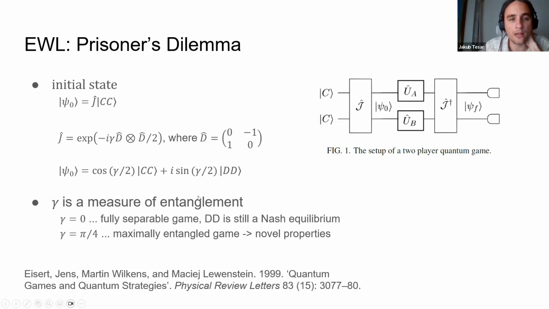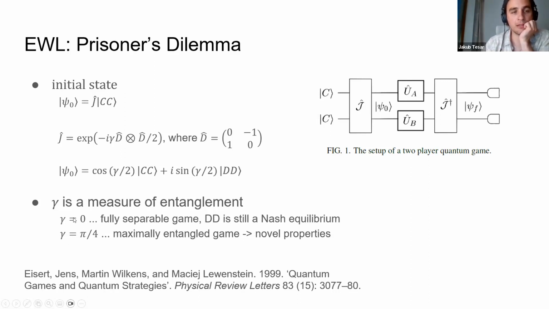So then no entanglement of those two. But if gamma is pi divided by 4, it means that we have a maximally entangled game. So we have 1 over square root of 2 here and 1 over square root of 2 here, multiplied by i. So we have a combination like this Bell state, a fully entangled state.